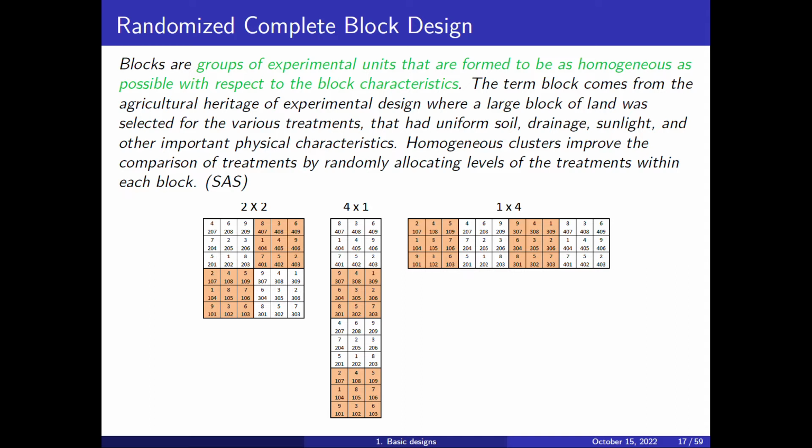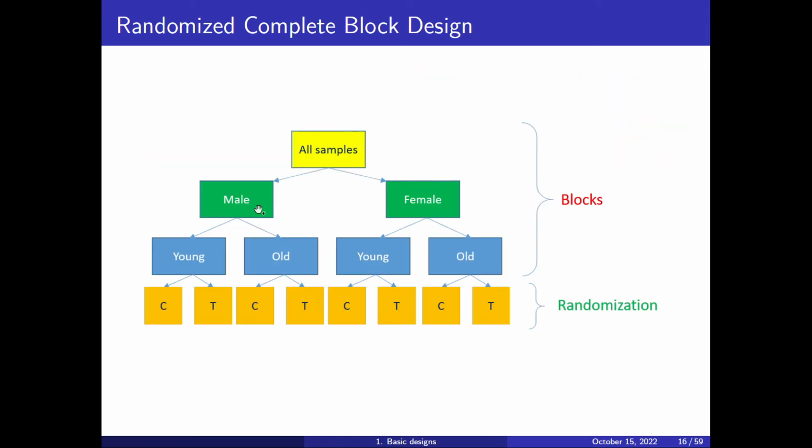What they wanted there was homogeneous groups of homogeneous regions of land, so that within that region they have uniform soil, uniform drainage, sunlight, or other physical characteristics. But for us it is the same: we want to have homogeneous groups with respect to the variables that we think may have an impact.